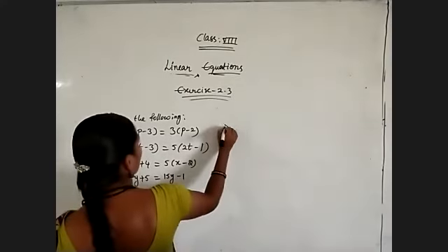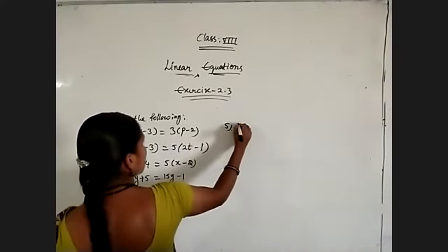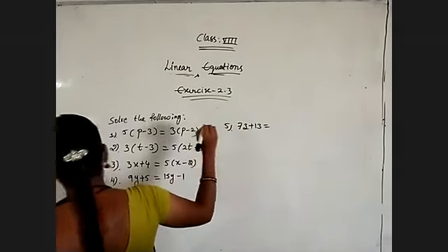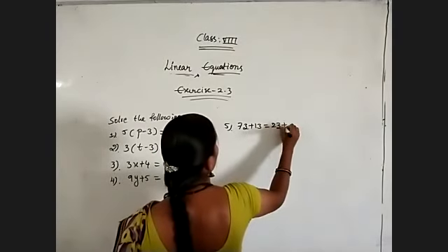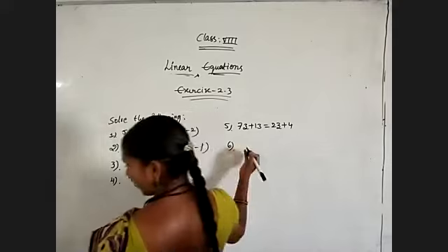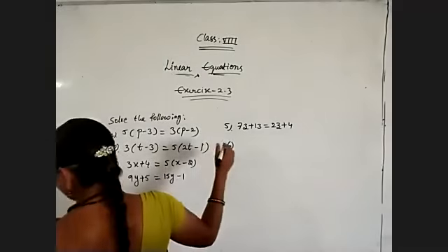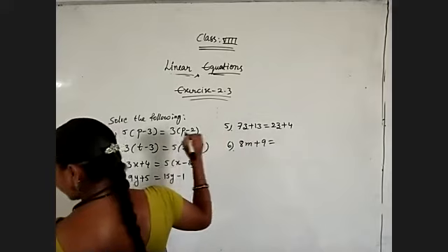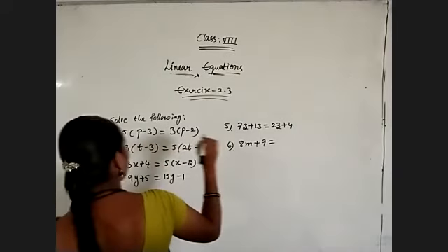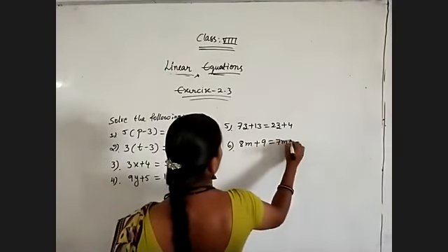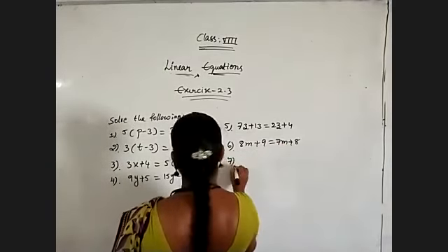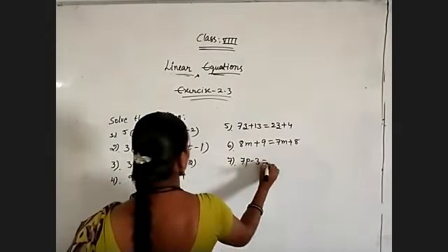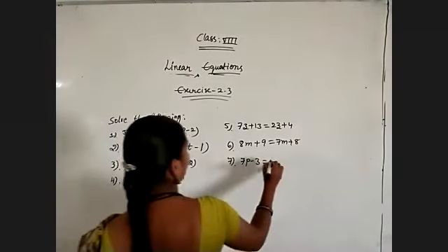And fifth question is 7z plus 13 is equal to 2z plus 4. And sixth problem is 8m plus 9 is equal to 7m plus 8. And seventh question is 7p minus 3 is equal to 3p plus 8.